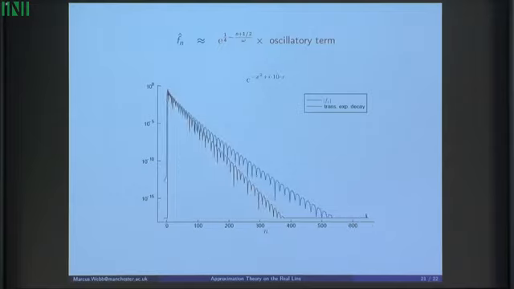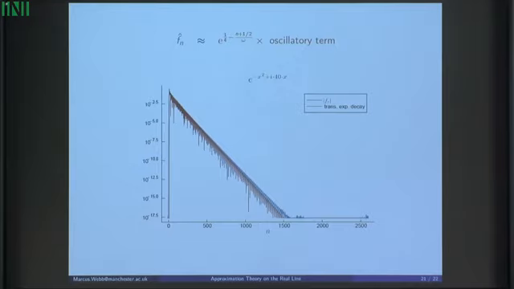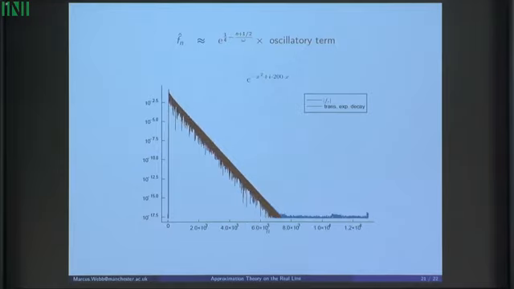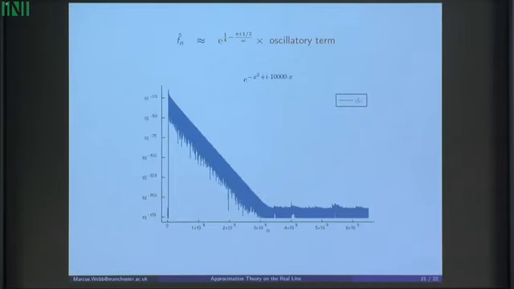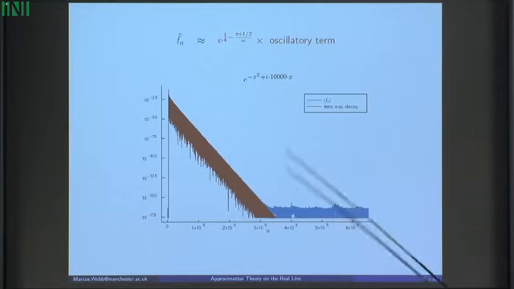But as you increase omega, this is omega equals 10, 20, 40. This is omega equals 10,000. Basically, our approximation at the top is not crazy.